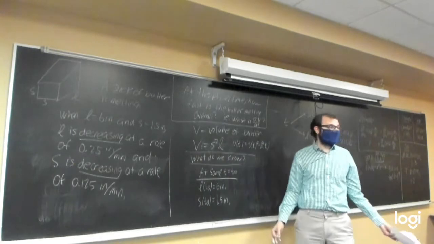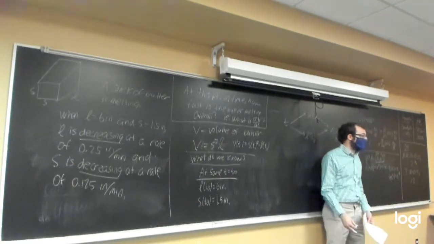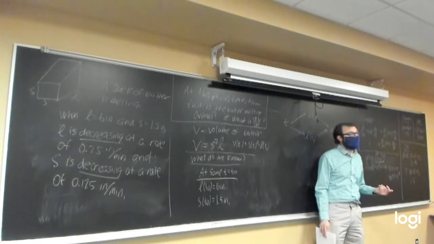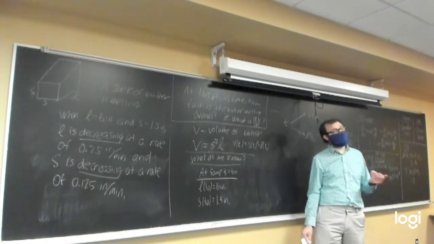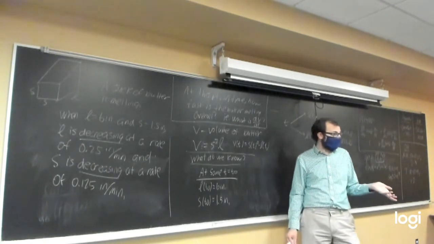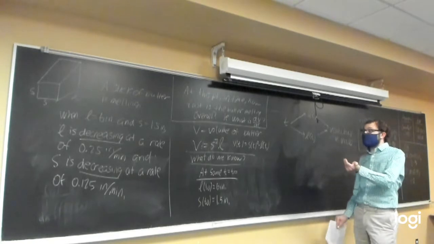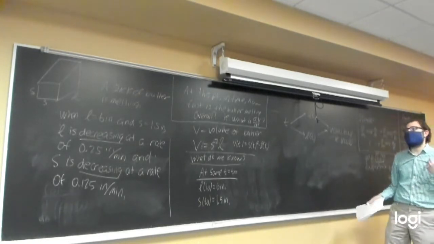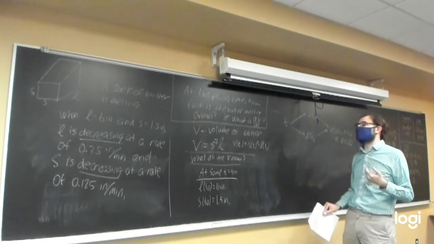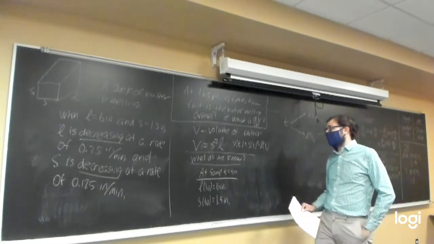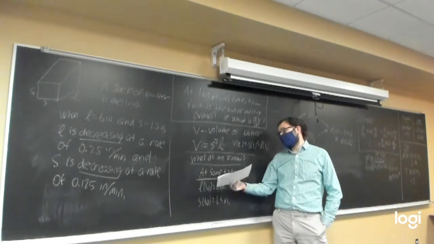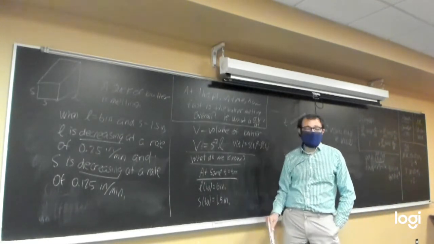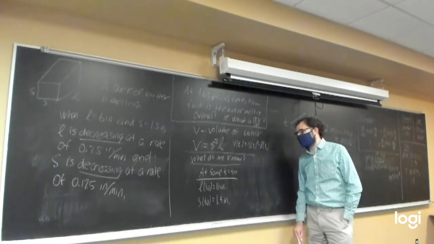We're not told when that t naught is. We're not told, for instance, is it 2 minutes after putting the butter into the microwave? Is it 10 minutes? Is it 0.6 minutes? We don't know when it is, but at some point in time, after we put the stick of butter into the microwave, we know that at that time t naught, the length is 6 inches, and s is going to be 1.5 inches.